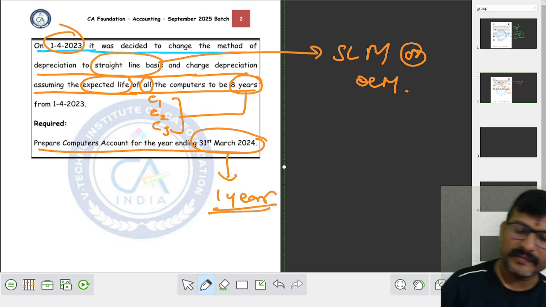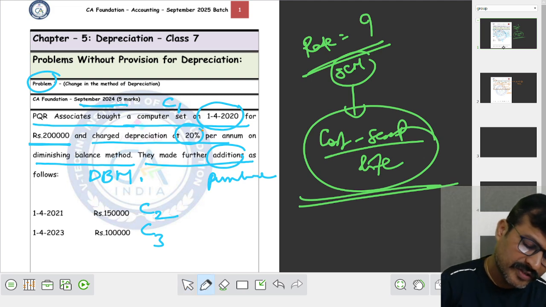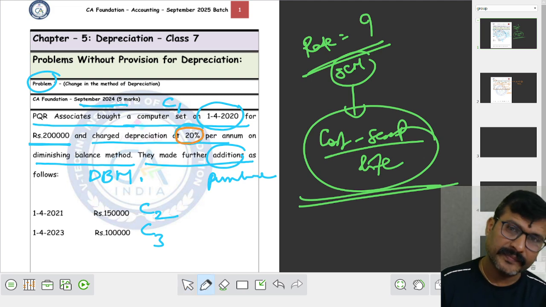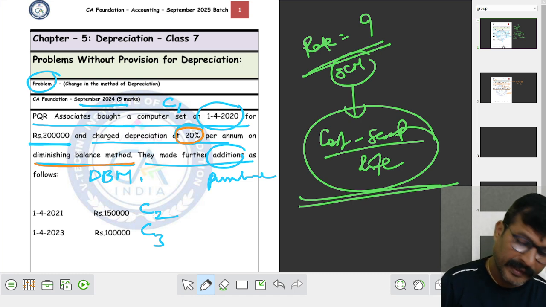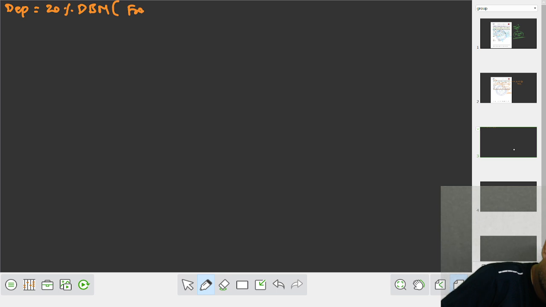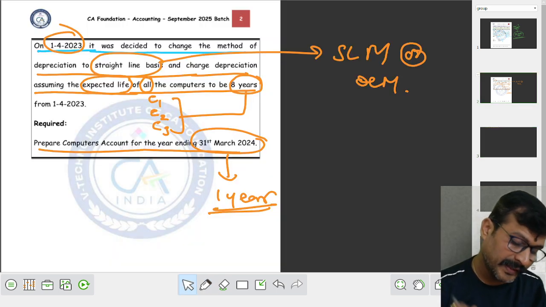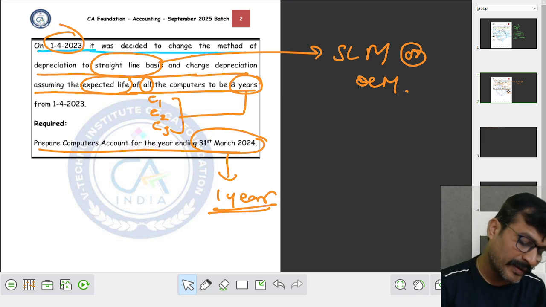Shall we start? Now, fine. Let me start with the first concept. What is the depreciation? 20%. Under what method? Under the diminishing balance method. So, you write depreciation 20% diminishing balance method. But it is being changed from 1st April 23.